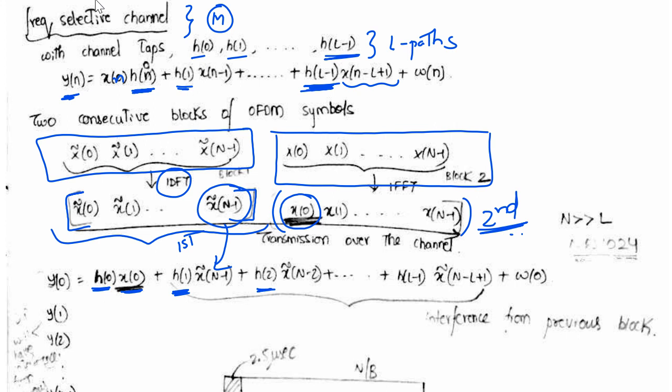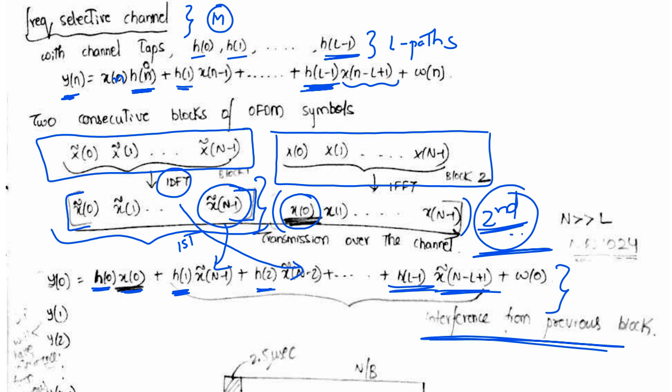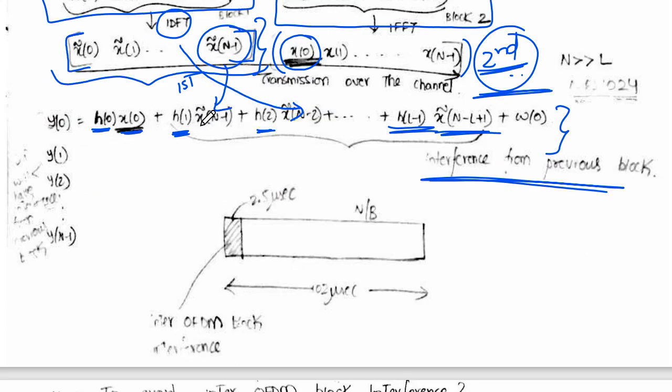Then on h of 2, the sample previous to this, and in the Lth path I will get like this. So for the second OFDM symbol, there is interference from the first OFDM symbol. This is nothing but the interference from the previous block, which is inter OFDM block interference.